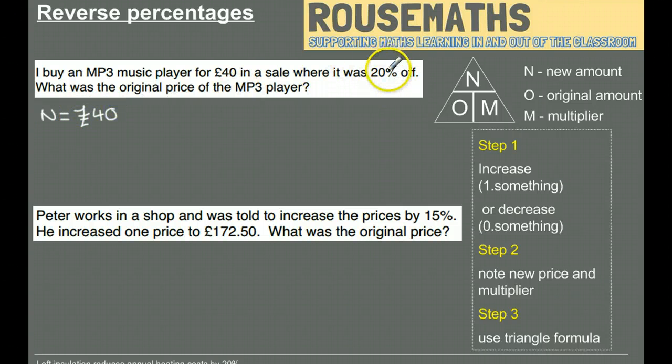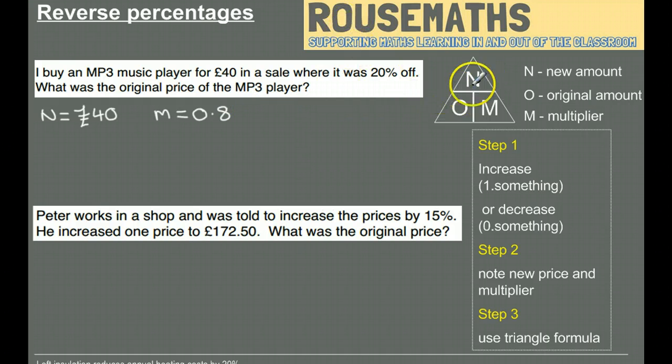There's been a 20% reduction. So if you think back to using decimal multipliers, that means that this £40 represents 80% of the original price. So our multiplier is what we would use for a 20% decrease, which is 0.8.